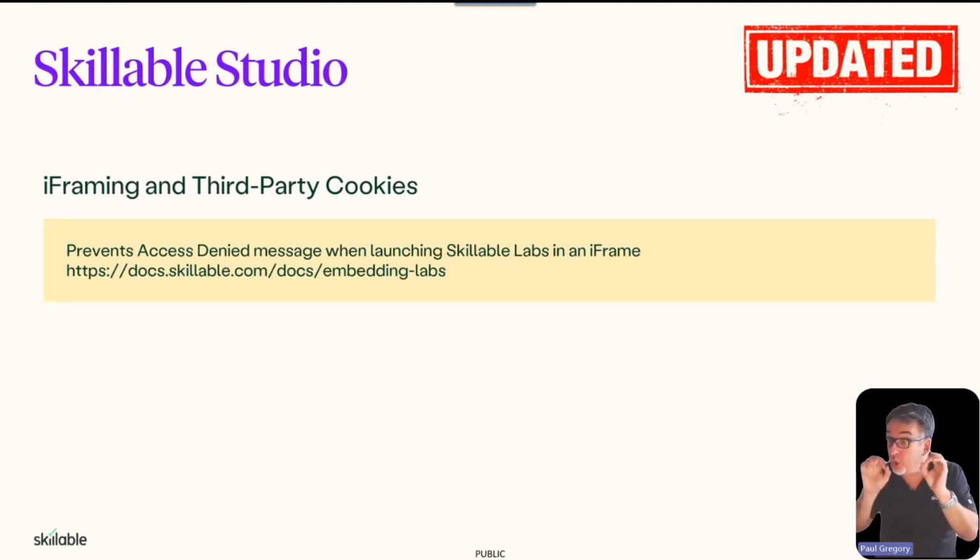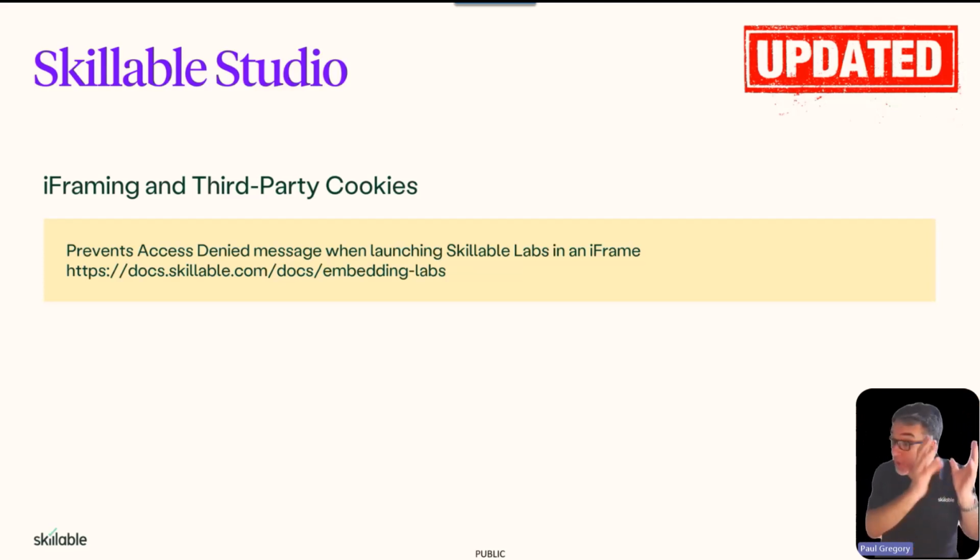So the scenario where that comes into play for Skillable is if you're using a third-party learning management system or LXP system, and you integrate with us. When you integrate with us, you've normally got a number of options for what that LMS does when you launch a lab. That LMS might, for example, open a new browser window, so effectively the Skillable lab runs in the new browser window.